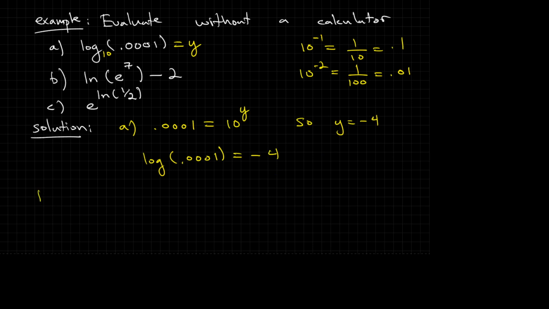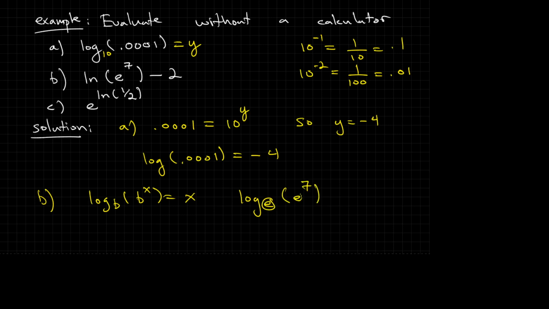Let's take a look at part B. So we have ln of e to the 7th, minus 2. Now because e is an irrational number, computing what e to the 7th is quite challenging. However, we can use the property that log base b of b to the x is x, that we've discussed, to conclude that ln, remember, is log base e, of e to the 7th.